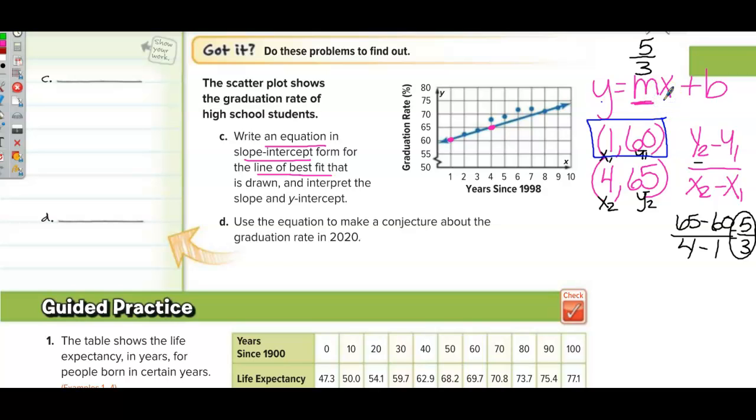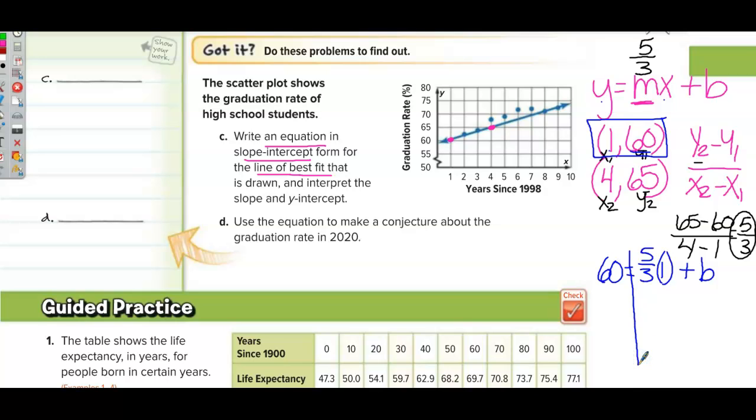So what that looks like is my y in this point is 60. So 60 equals m, we found to be 5/3. My x in this point is 1. So 5/3 times 1 plus, we don't know what b is, so I'm going to leave it as plus b. So now I'm going to try to solve for b.